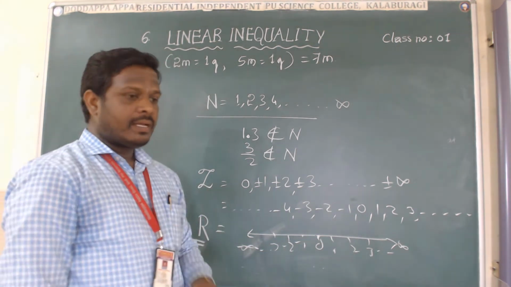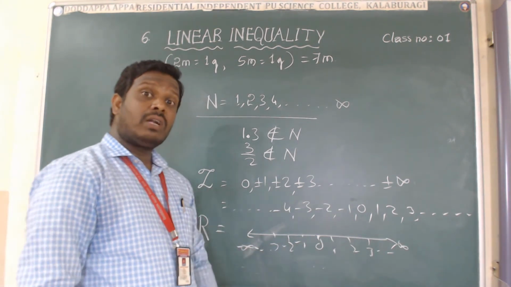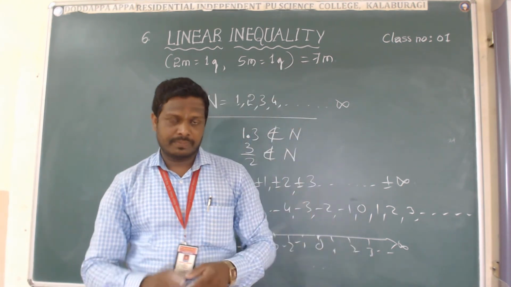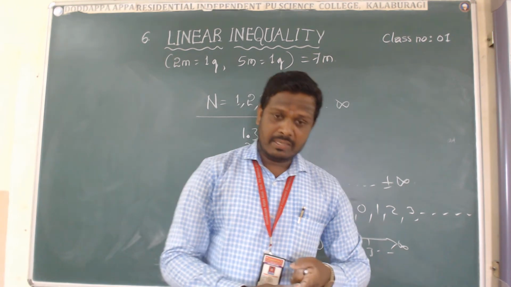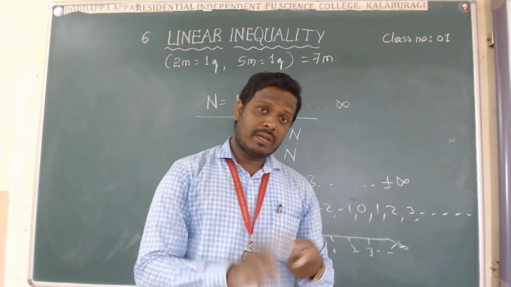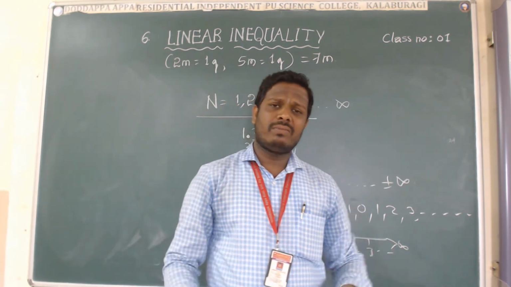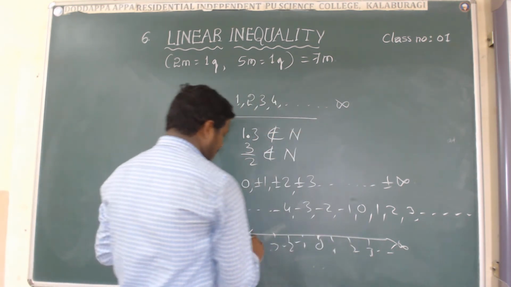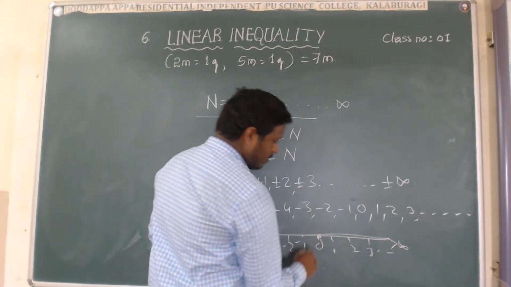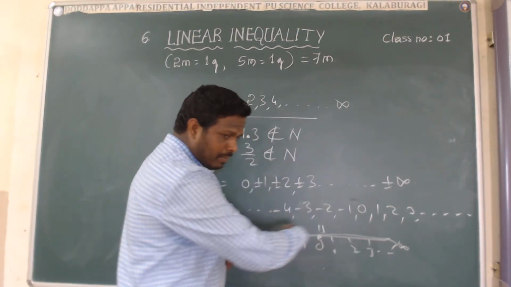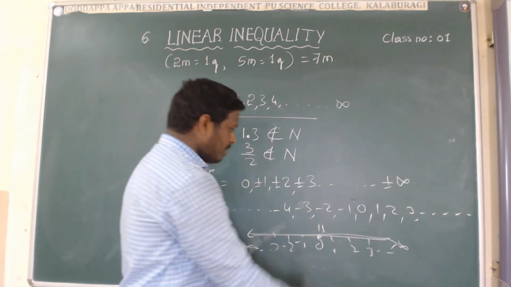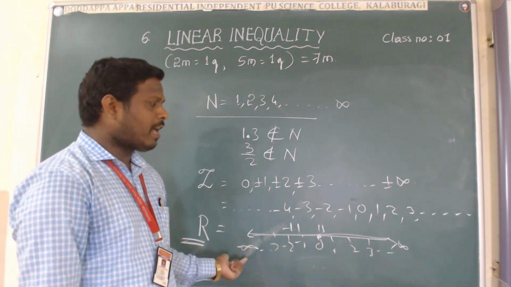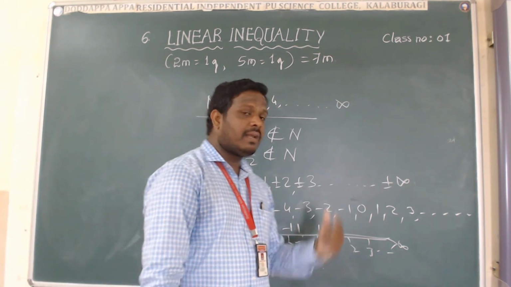The real numbers include all types of numbers: natural numbers, whole numbers, even numbers, prime numbers, all types of numbers we can see in the set of real numbers. 0 is there, 1.1 is there, minus 1.1 is also there on the number line.